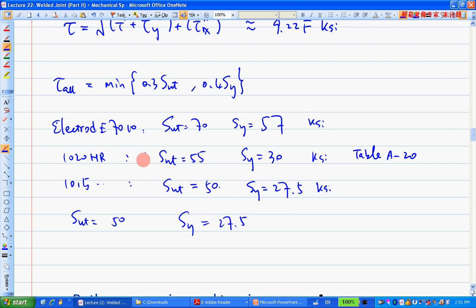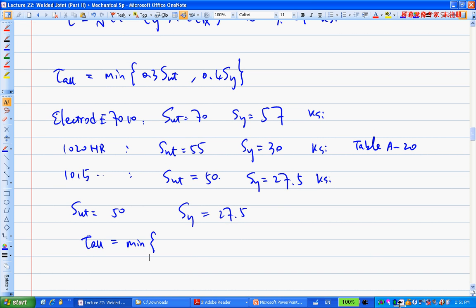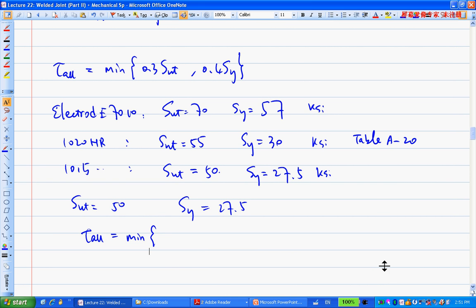So then plug it in here, and you calculate your total allowable as the mean value between those two. So calculate 0.3 by 50, 0.4 by 27.5.